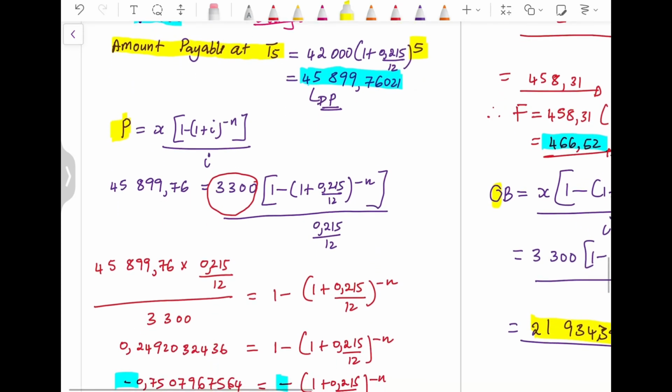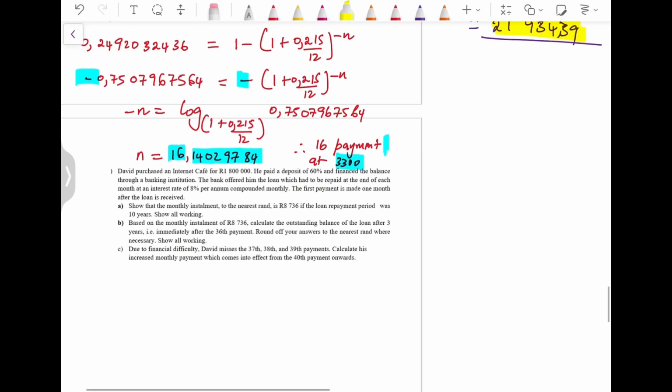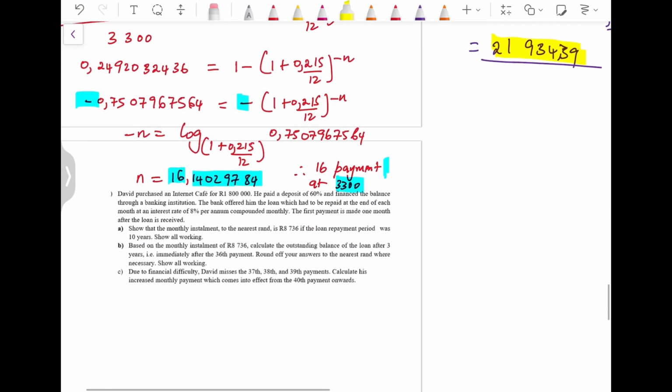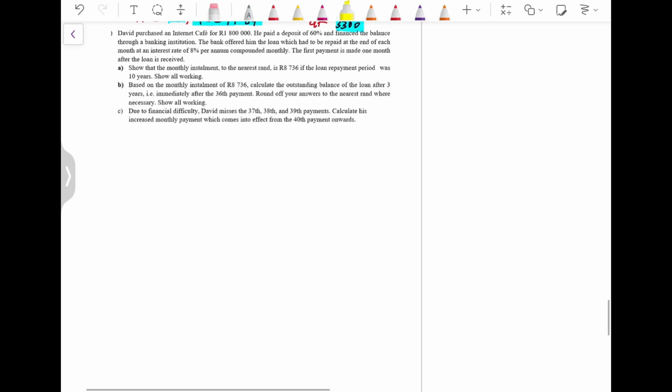And then last example. So in the last example, we are dealing with missed payments. So let's see how to accommodate missed payments. Now, here is the last example.